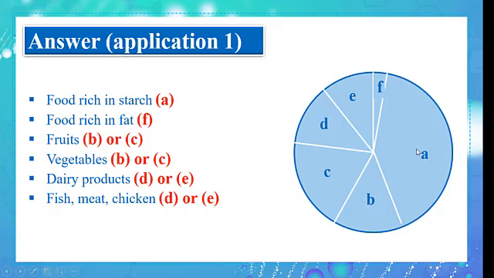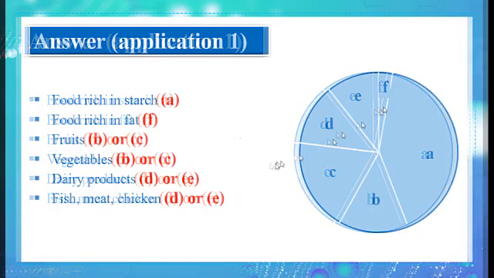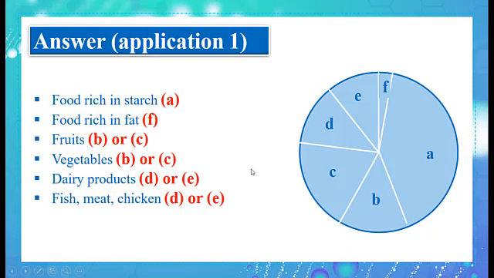Because they are smaller than carbohydrates, which is A, but greater than dairy products and meat. Finally, dairy products or fish, meat, and chicken are D or E because they are less than fruits and vegetables and greater than fats.